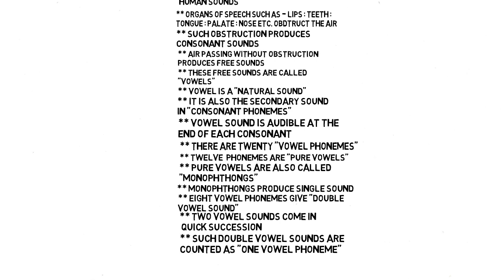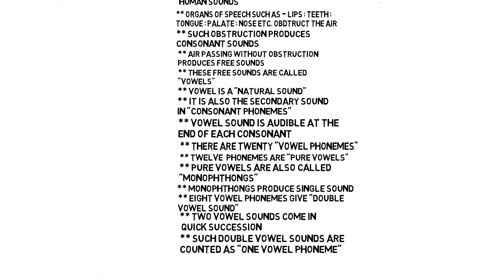The vowel is a natural sound. It is also the secondary sound of each and every consonant sound. The vowel sound is audibly present at the end of each consonant phoneme. We have already discussed this feature in our previous session on consonants.